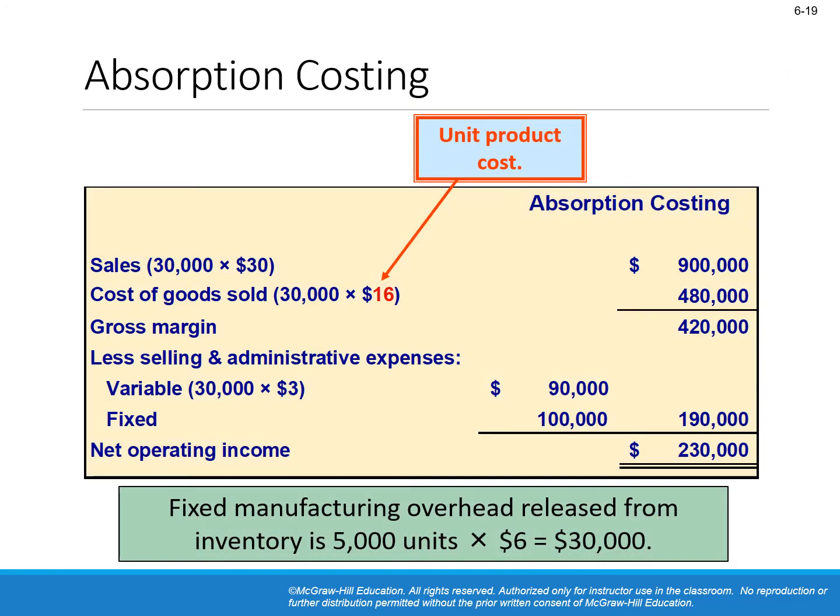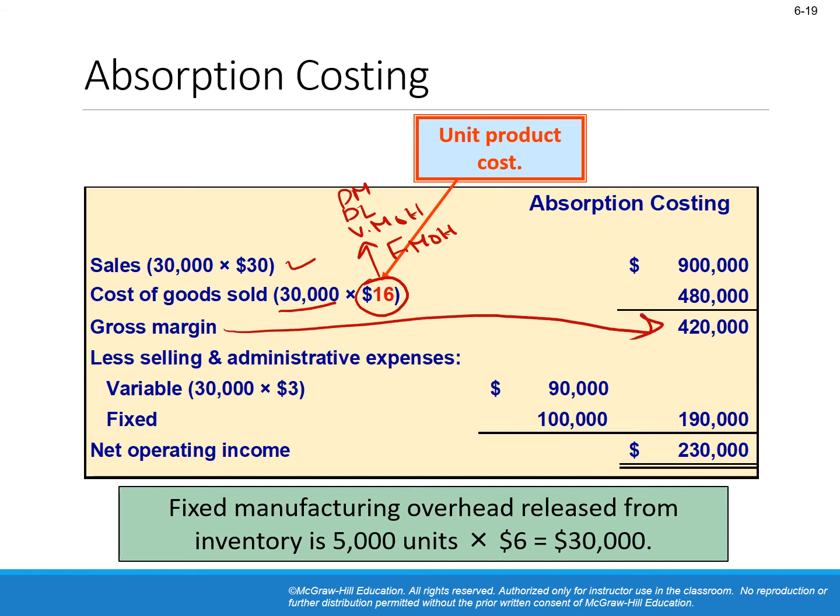So under absorption costing, you know that the same sales apply. Cost of goods sold is the same number of units multiplied by the 16, and this 16 includes the MDL, variable manufacturing overhead, and the fixed manufacturing overhead, which is the source of the difference between the net operating incomes. So your gross margin here is $420,000.